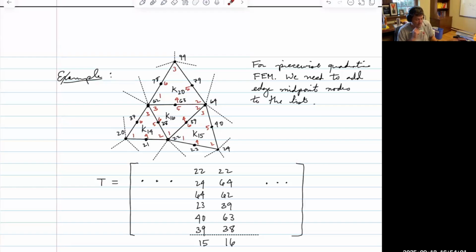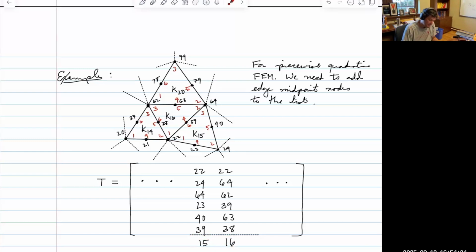So that's one reason why we do this. We don't have to. All you have to do is choose a convention and stick with it. Okay, so local node 4 is global node 23. Local node 5 is global node 40. Local node 6 is global node 39 for triangle 15.